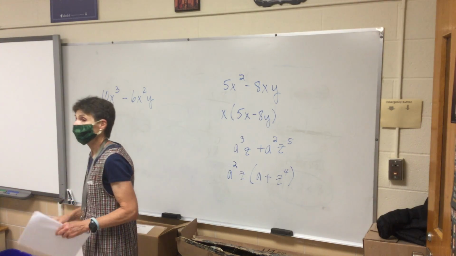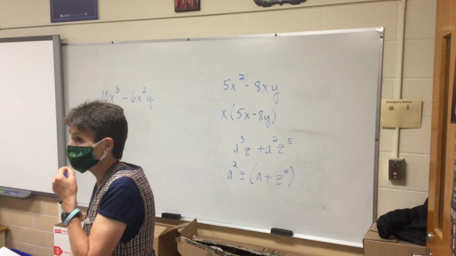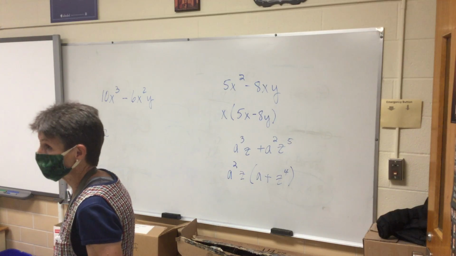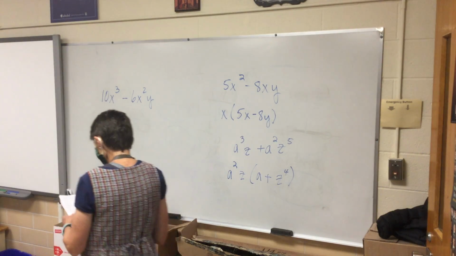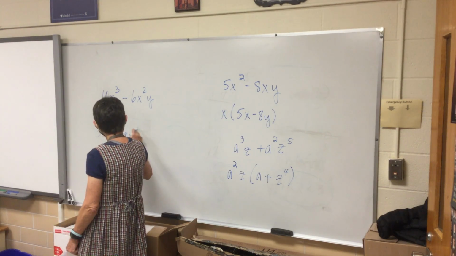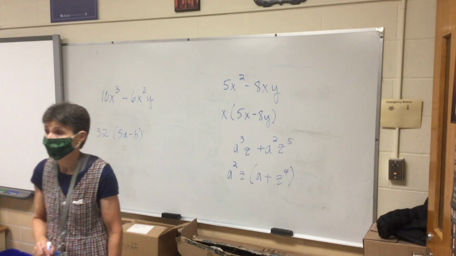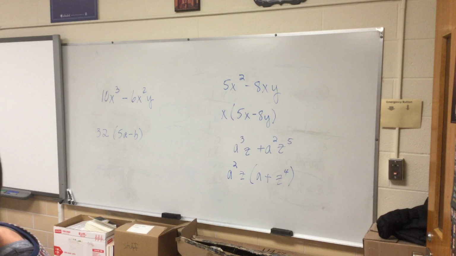Now you could take out other things like an 8 or a 4 or a 2, but you got to take out the biggest thing that you can. So the biggest we can take out is 32. And that will leave us with 5a minus b. Because 32 times 5 is 160.